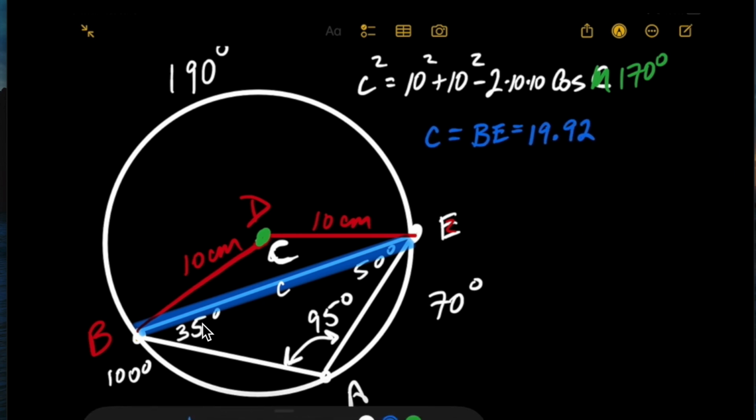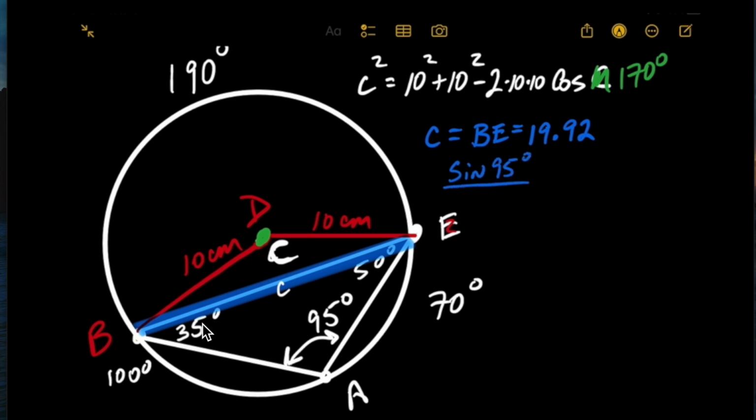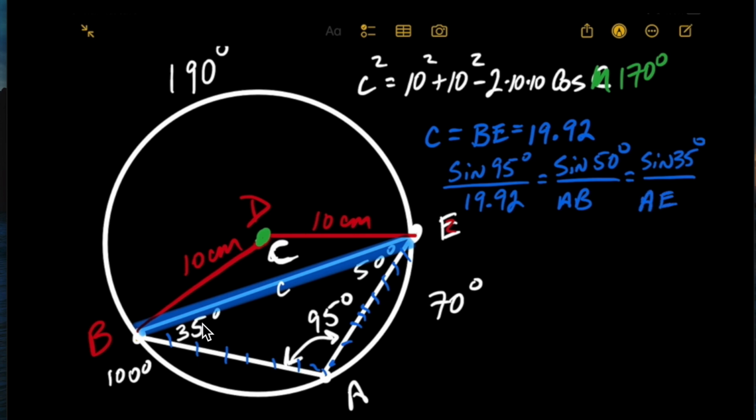Okay, so let's create our first ratio. The sine of 95 degrees over the length opposite, which we know to be 19.92, is going to equal the sine of 50 degrees opposite this side here, which is going to be length AB, and that is going to equal the sine of 35 degrees paired with the side opposite to 35 degrees, which is line AE.